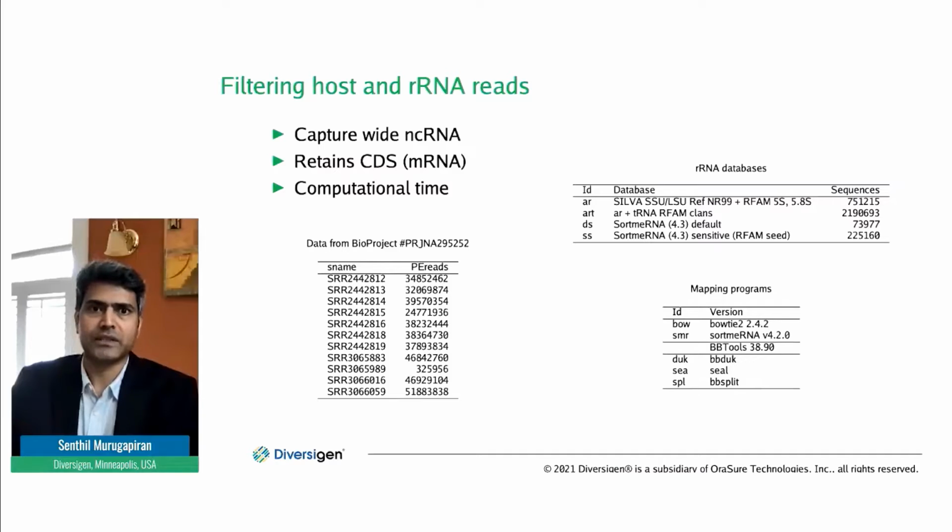We are only focused in this experiment on removing the ribosomal RNA. We tested 4 different rRNA databases and 5 different mapping programs. 3 of these programs are part of the BBTools package, and we compared these against 2 well-known mapping programs, Bowtie and SortMeRNA.